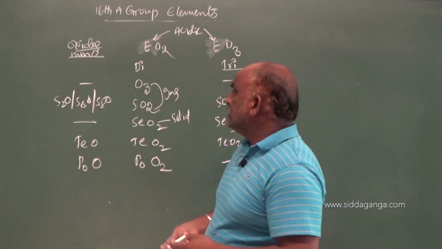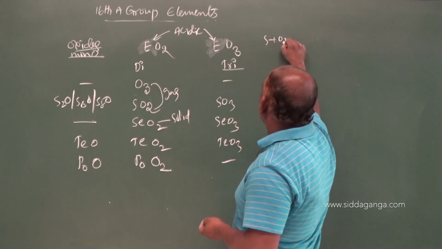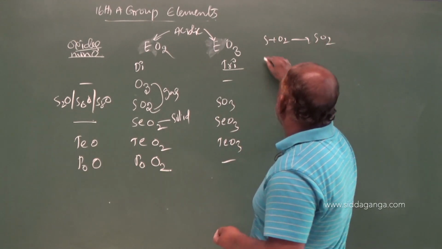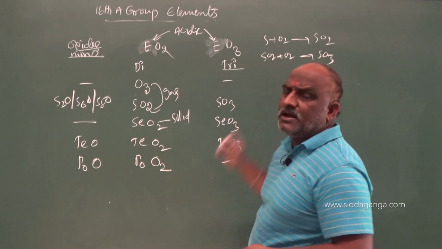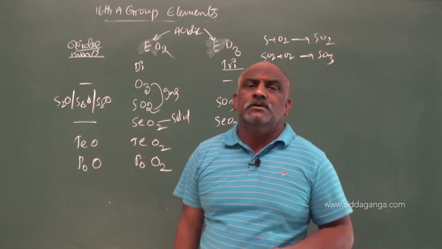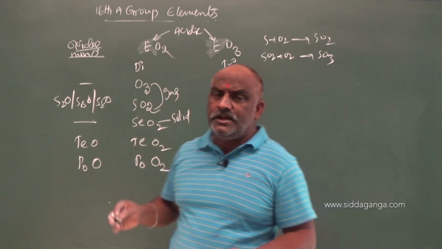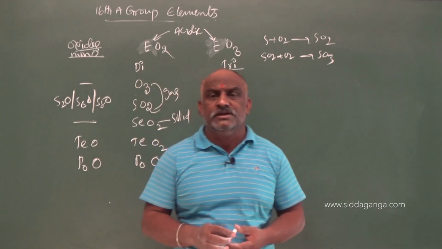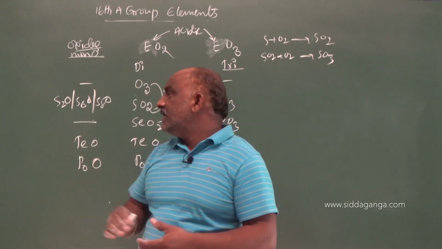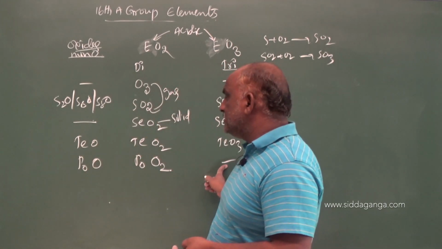This is information regarding oxides. Generally, oxides form by direct combination. S plus O2 gives SO2. SO2 plus O2 gives SO3. Direct combination of the constituent elements gives direct oxides. These group elements form two types of oxides, dioxides and trioxides. Oxygen forms only dioxide, and polonium has no trioxide.